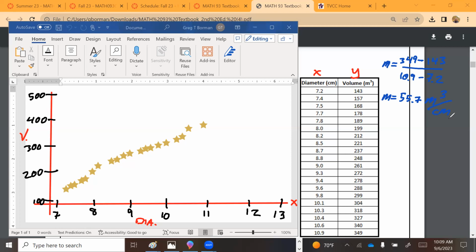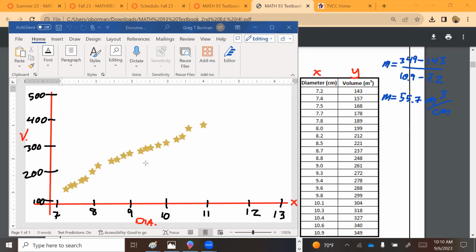Now, part C says it's time to draw a trend line. So let me turn on my straight line thing here. A trend line is just a straight line that best matches the pattern of the points. You don't have to hit every point in your group. In fact, you don't have to hit any of them.